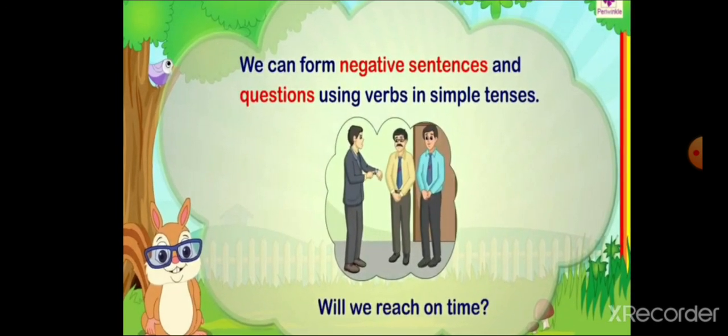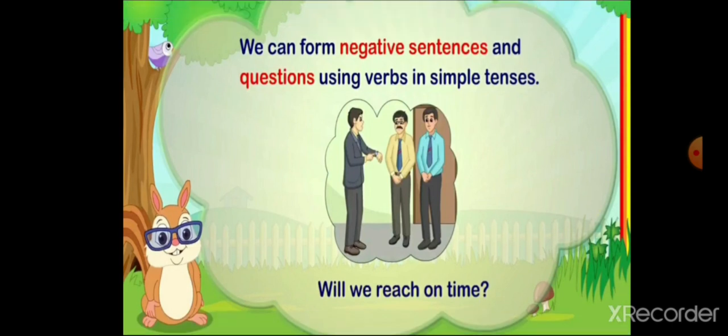We can form negative sentences and questions using verbs in simple tenses. Means student, whenever we want to frame negative sentence or question, we can frame it by using the verbs of the simple tenses. See the example. Will we reach on time? Means will.